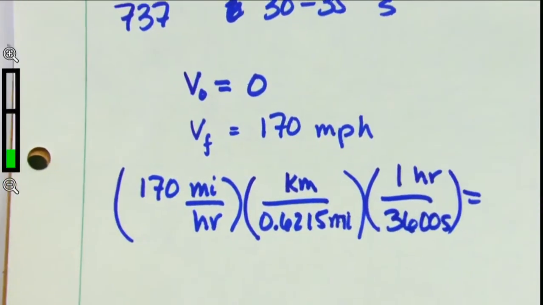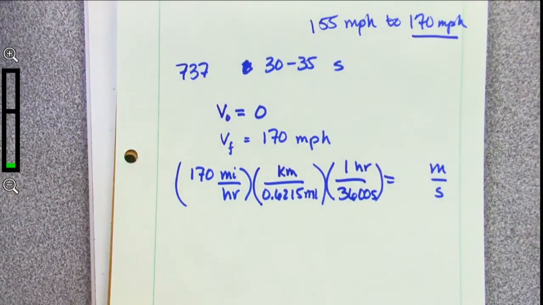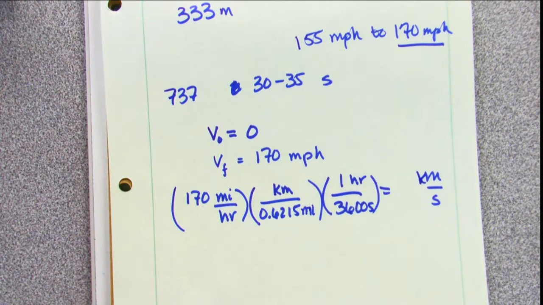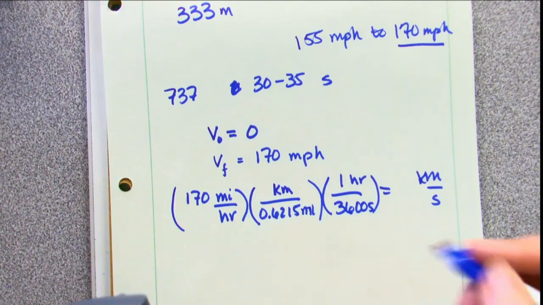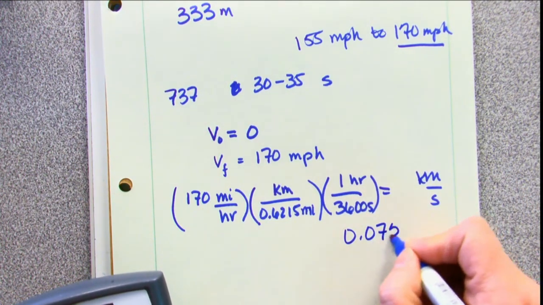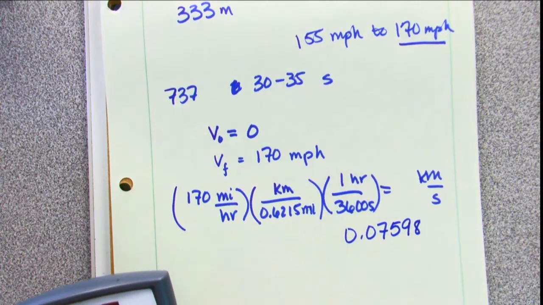Do I have to go from meters or kilometers to meters? Yeah, but right now if I just do this, then it's just move the decimal point. So I get 170 divided by 0.6125 divided by another 3,600 gives me 0.07598.